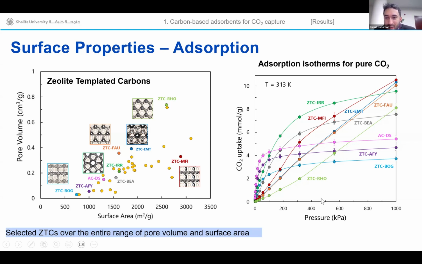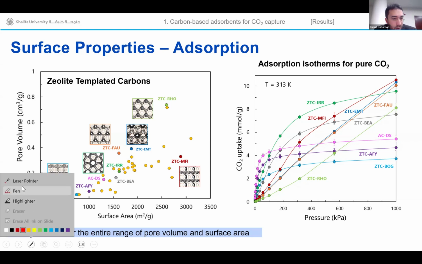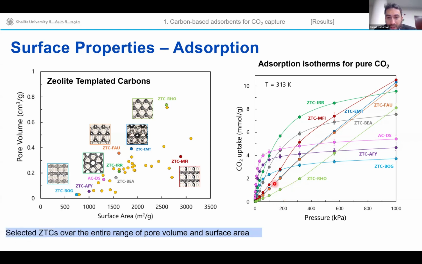As you might see, there are some materials, especially the ones with a higher pore volume or surface area, which are not showing a very good affinity at lower pressures. But when you go to higher pressures, of course, they will outperform some of them, and you might see that they are not saturated at the pressure range I'm showing.